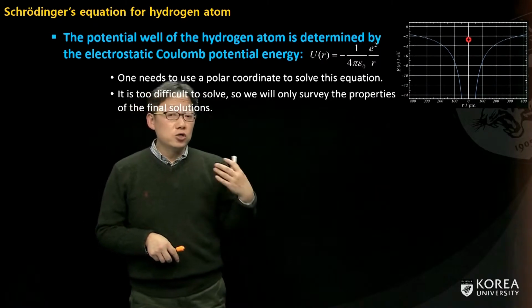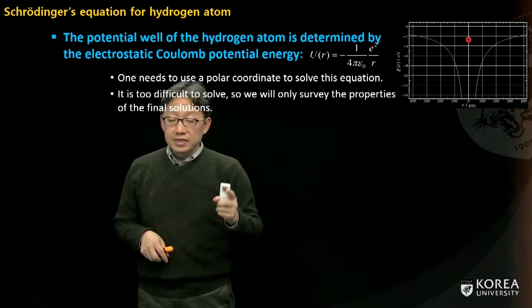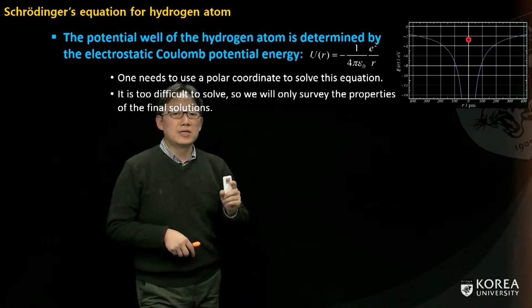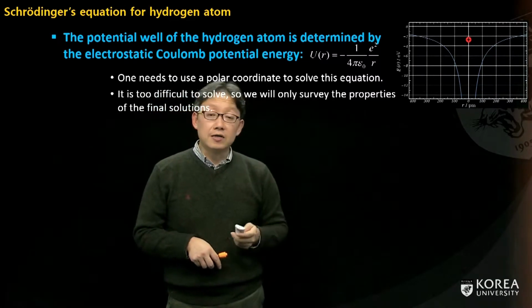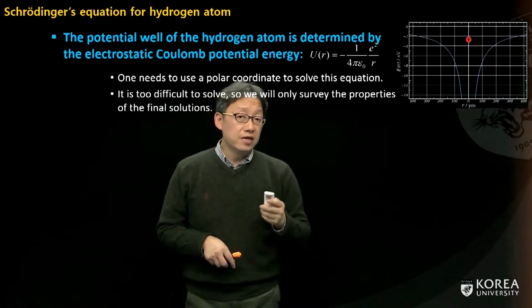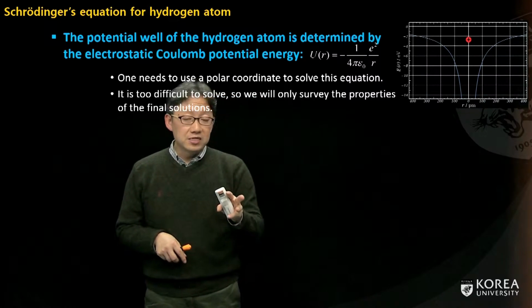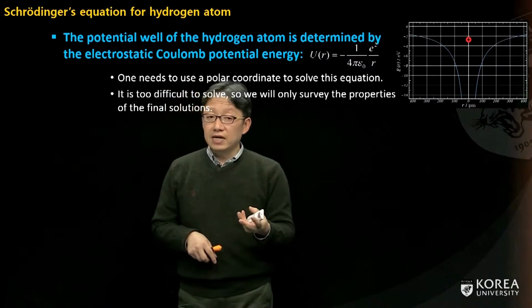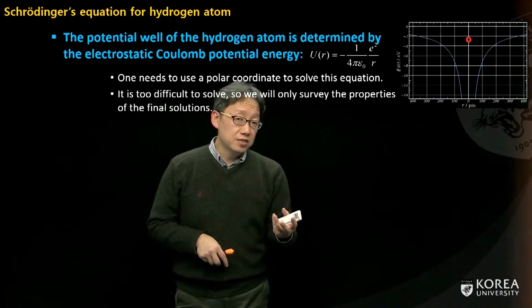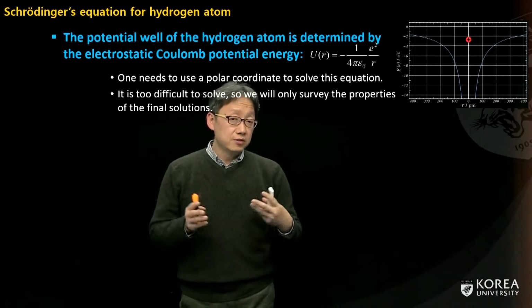So let's assume that you insert this into the Schrödinger equation, and then you need to use the spherical polar coordinate instead of the Cartesian coordinate. But nevertheless, please remember what happened in the case of infinite potential in 3 dimensions. I already said that if you are in a 3-dimensional space, there must be 3 different quantum numbers, right?